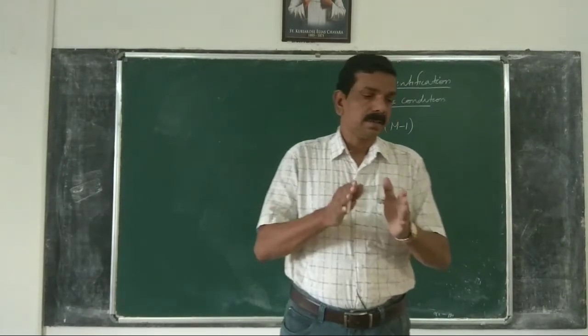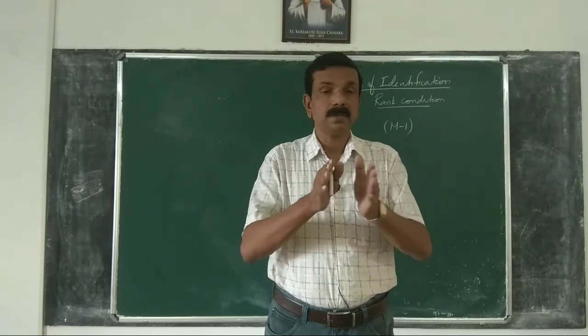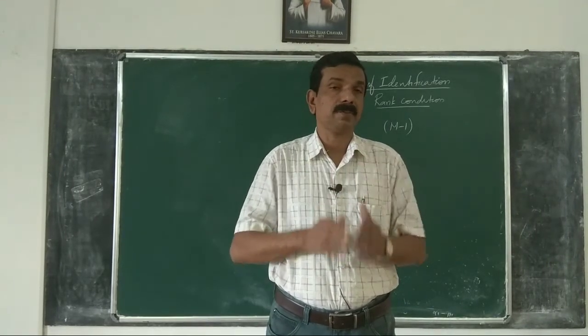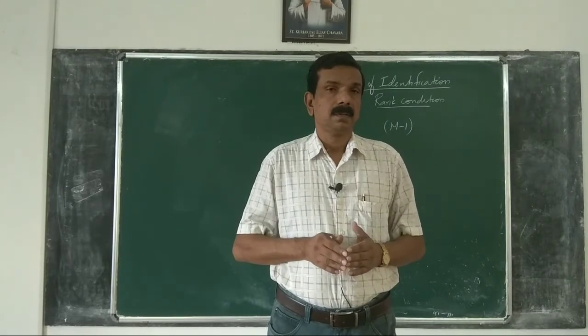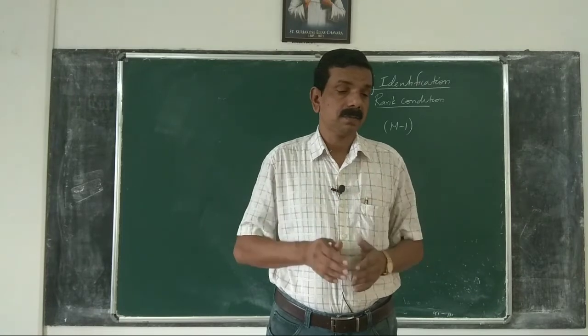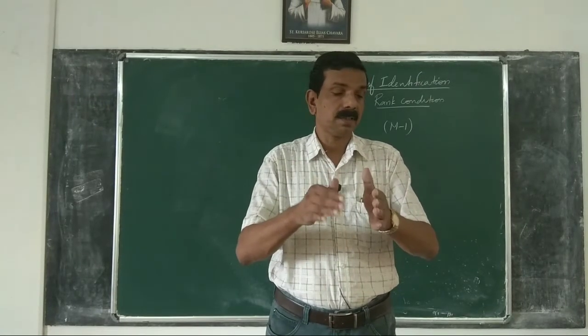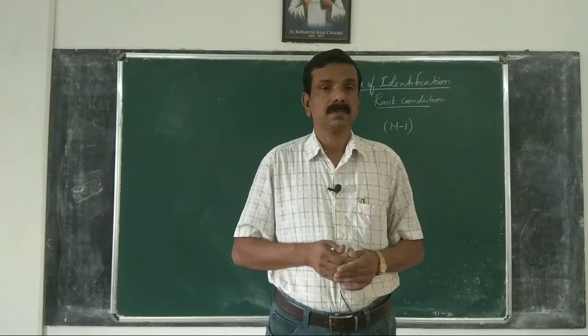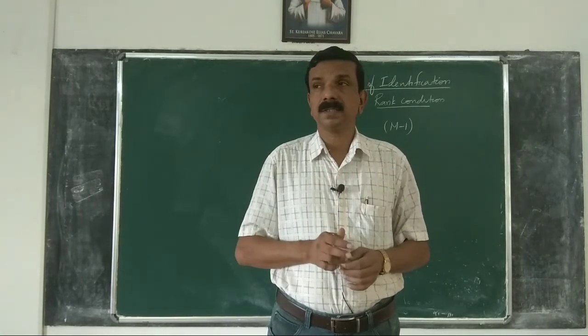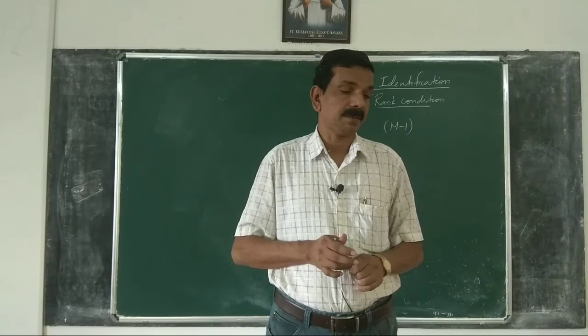So the rank condition is that we will be able to construct a non-zero determinant of order m minus 1 from the coefficients of the variables excluded from that equation but included in the other equations. This is both a necessary and a sufficient condition for identification.